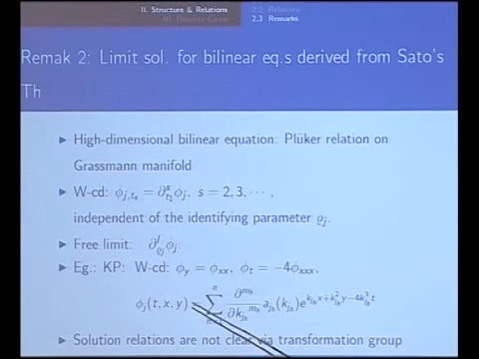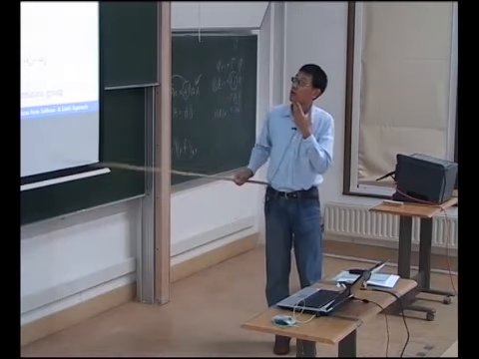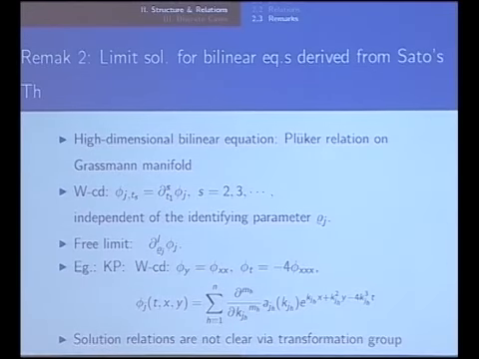You can do it, and the equation is also right. So for the KP equation, we can have free choice for Wronski entries, but the relations between the solutions are not clear to me.